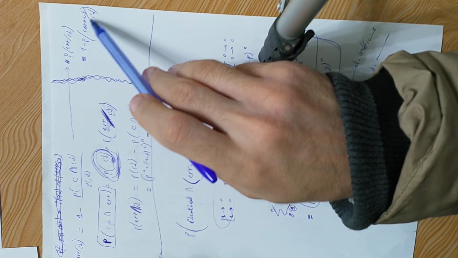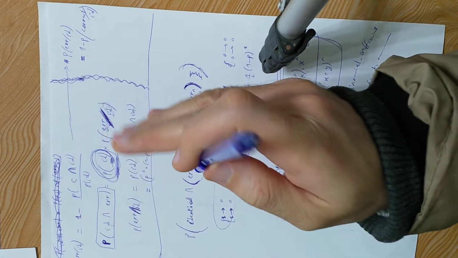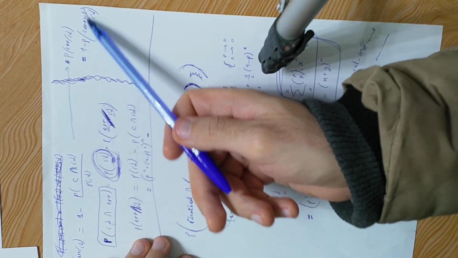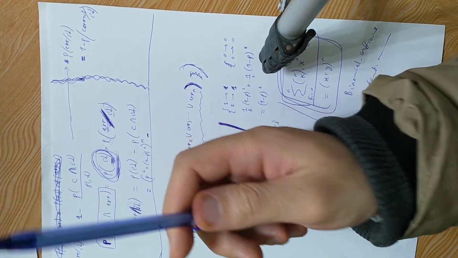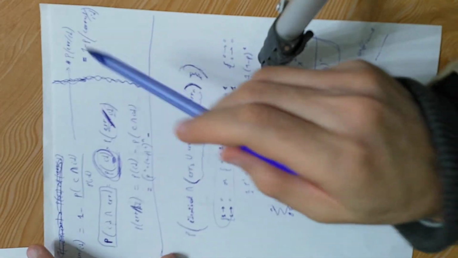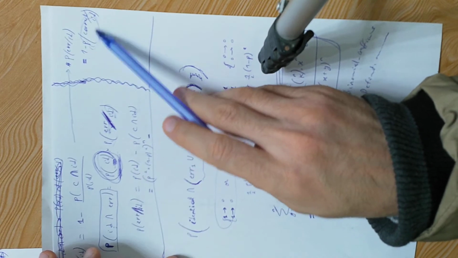Why did I go this way? Because correct is only one case: all must be not flipped, not flipped, not flipped. But nevertheless, this thing is not easy to compute alone.